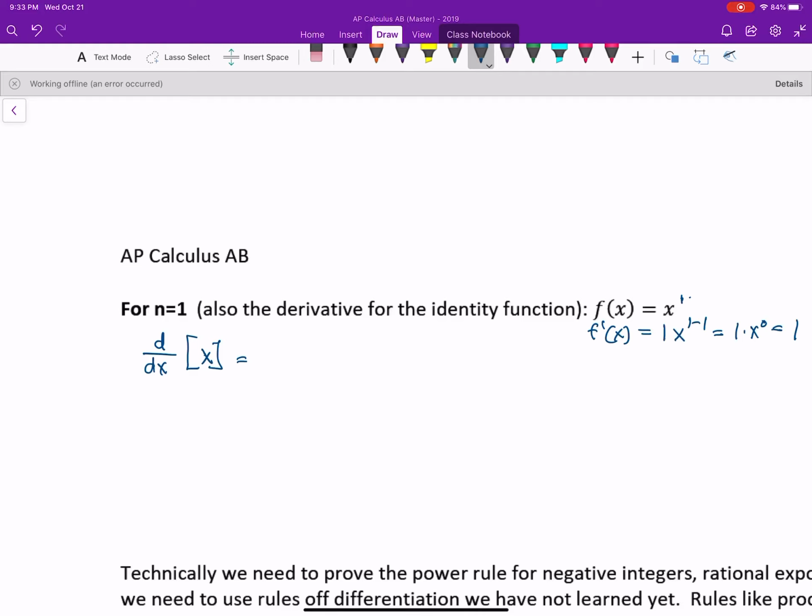The limit as h approaches 0 of substitute in x plus h minus x over h, which is going to give me the limit as h approaches 0 of x plus h minus x over h. The x's cancel out. And now we have h divided by h, which is 1. So the limit of 1 is just 1. So look, it agrees with the power rule.